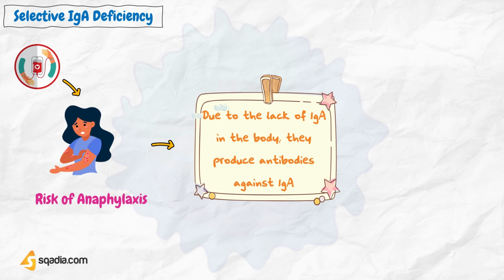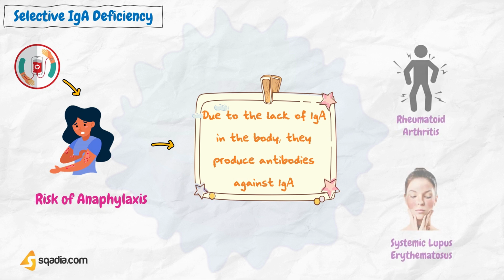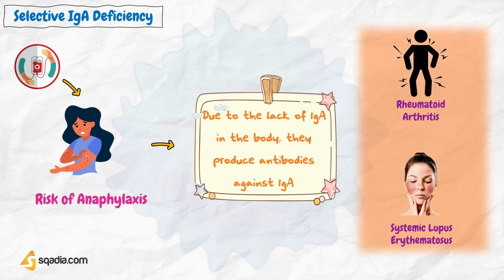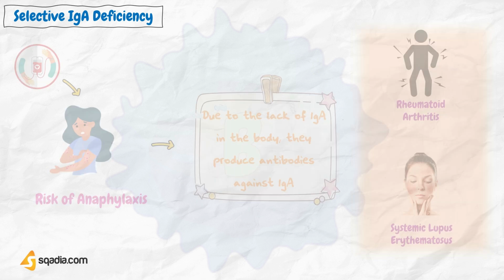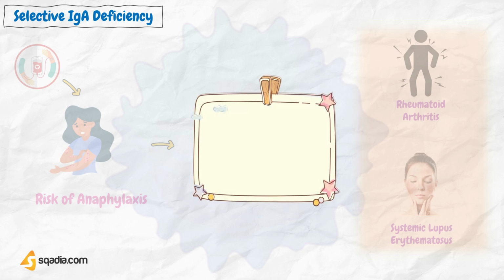SLE, which is systemic lupus erythematosus, and rheumatoid arthritis are very common in patients with selective IgA deficiency. However, the exact mechanism is still not known. Diagnosis is usually done with serum IgA levels, which is usually marked by less than 7 milligrams per deciliter, and a normal IgG and IgM ratio.